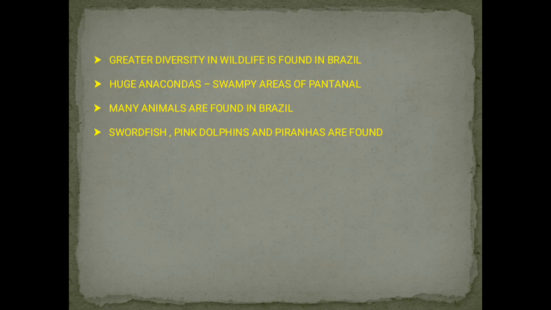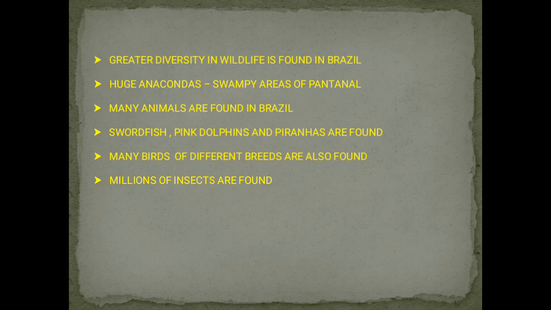Among the fish varieties, mainly swordfish are found in the seas, while pink dolphins and piranhas are found in the rivers. Condors, which are huge in size and fly high in the sky, various types of parrots, macaws, and flamingos are the major birds found here. Millions of insect varieties are also found here. As a result of these varieties, the wildlife of Brazil is very rich and diverse.